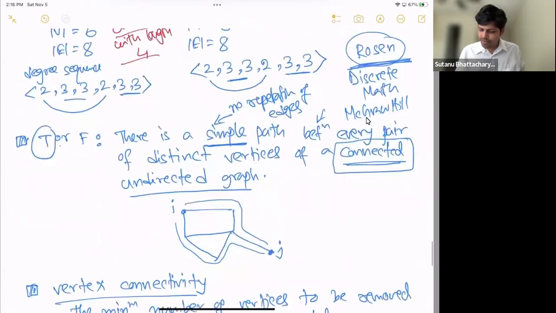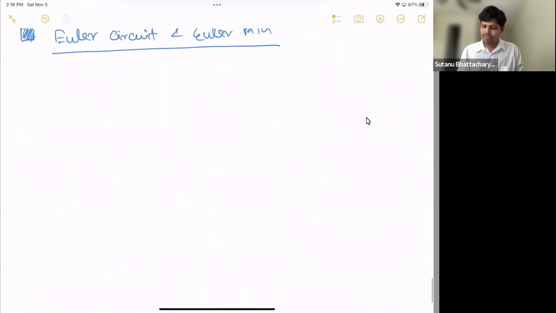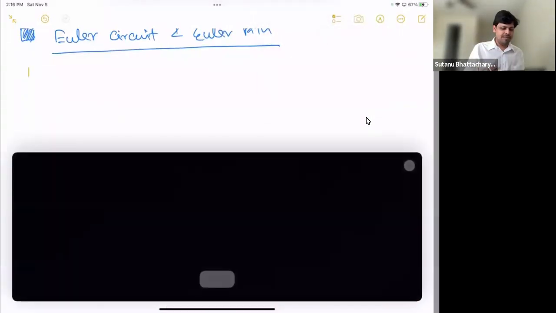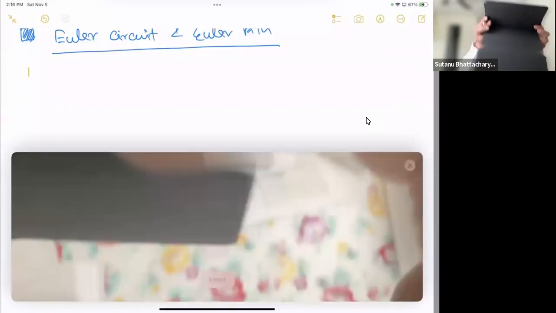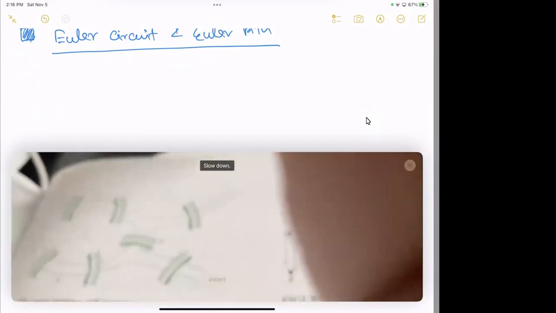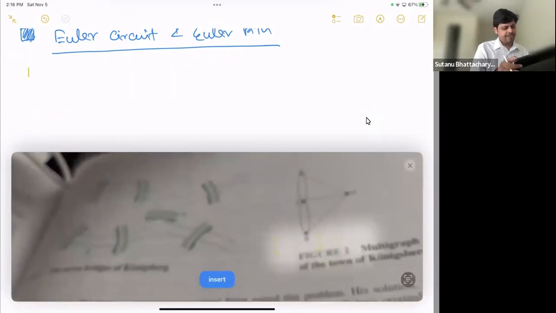Oh, where it goes, I don't know. Aditya, can you see this diagram? Yes, sir. Okay, then let's discuss this way.